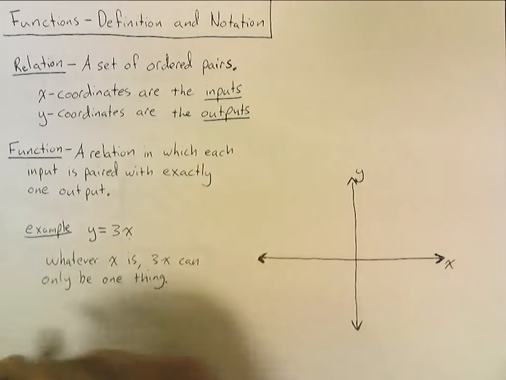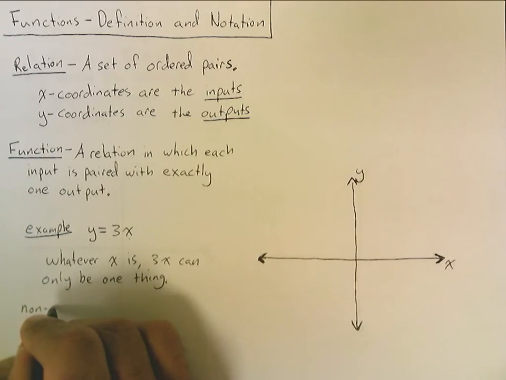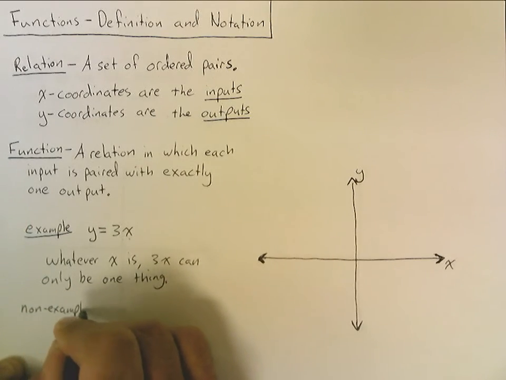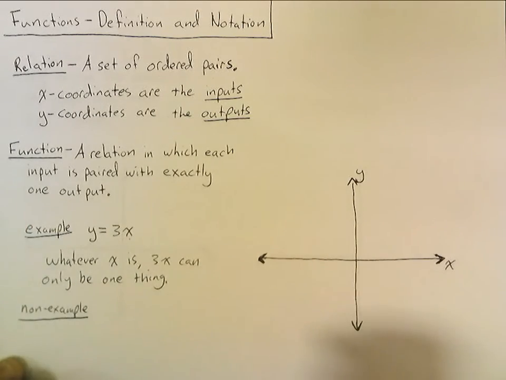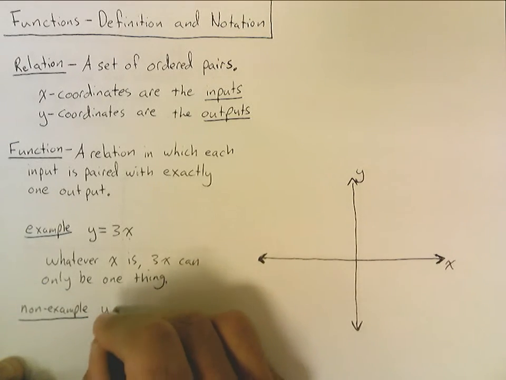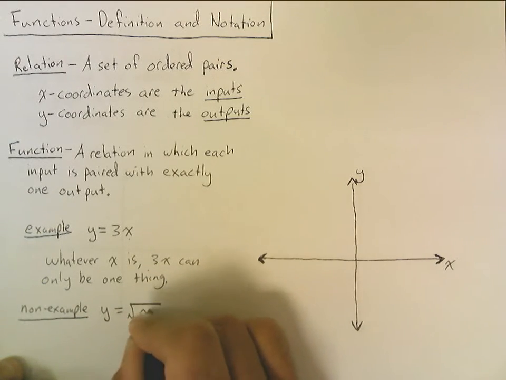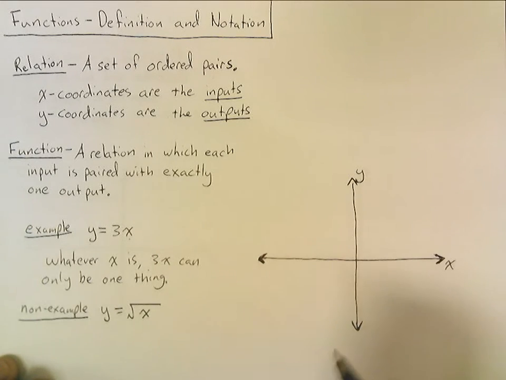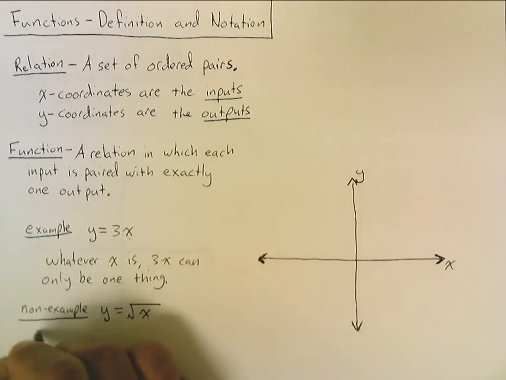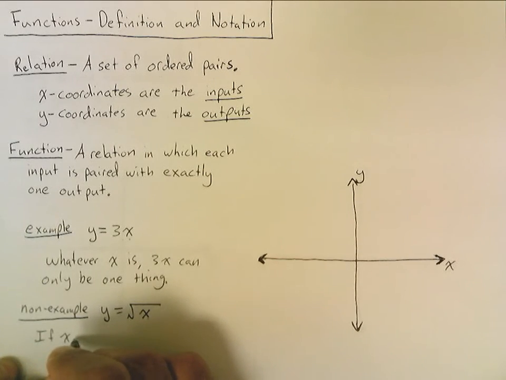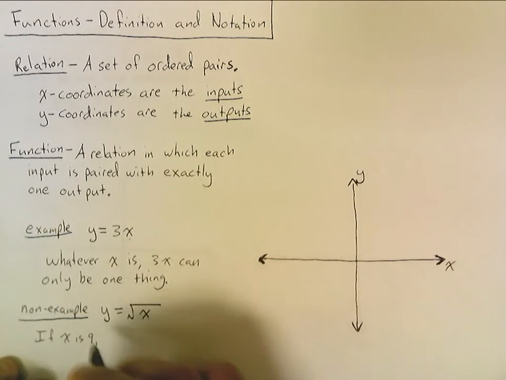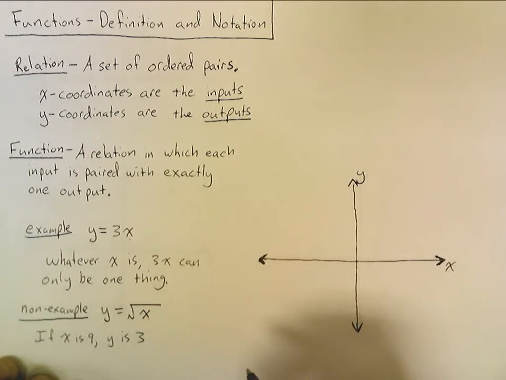Now, as opposed to, let's consider a non-example here. Perhaps y is equal to the square root of x. Okay. Now, let's just say x is 9. Y is going to be the square root of 9. So, we'd say, well, if x is 9, then y is 3, right?